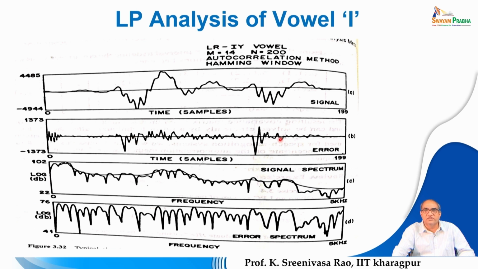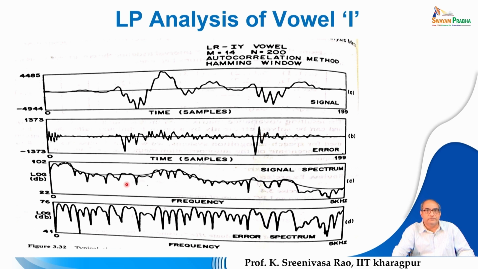If you analyze the error signal, you can see that the maximum error is observed at the glottal closure instants, or the glottal closure locations. You can see here and here. At the beginning, due to the lack of previous samples, you are bound to get a higher error. So this is the error signal for a given voiced segment.